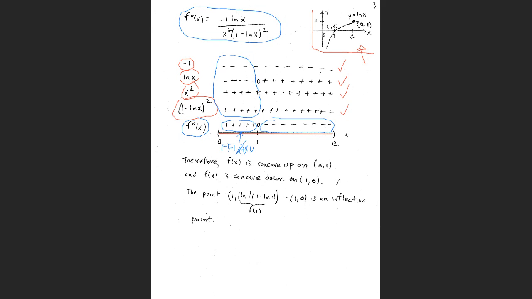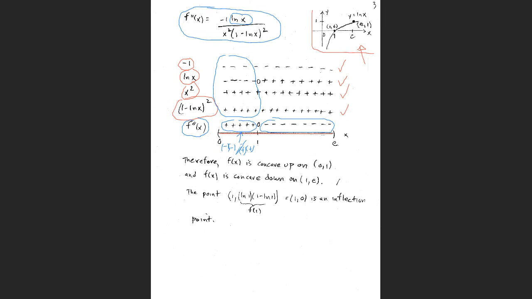Now, by the way, x equals 1 is an important value because the numerator equals 0 when x is 1. The log of 1 is 0.